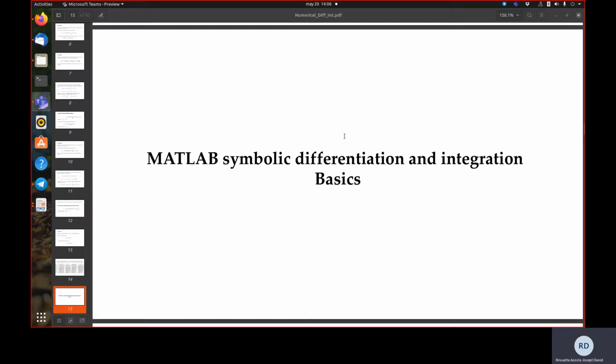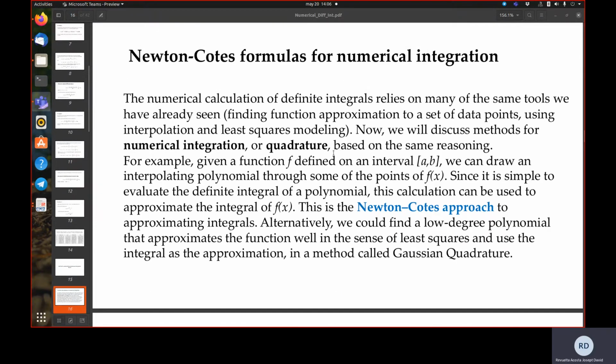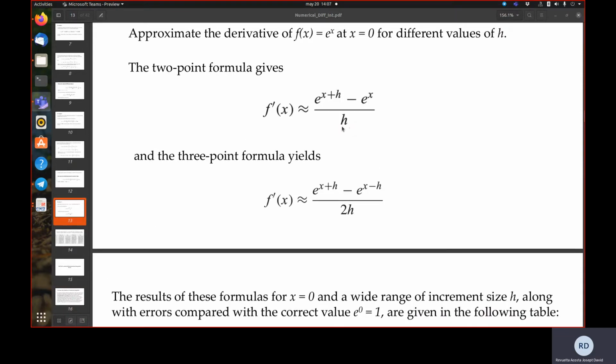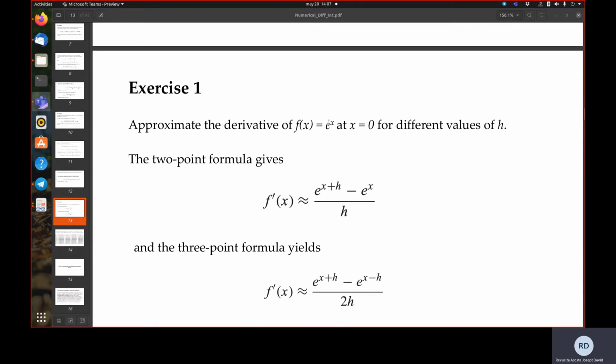Now, today we're going to start with the Newton-Cotes formulas for numerical integration. We already know how to differentiate an equation or an interpolation function, so we calculated the derivative in these examples using a specific formula.